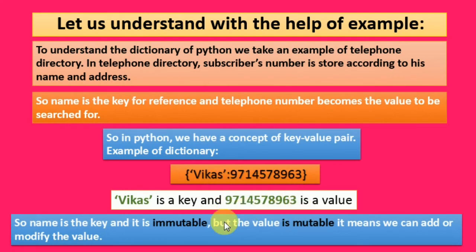It is mutable, means you can make the changes in the phone number, that is a value, but you are not supposed to make the changes in the key. Key remains intact. It is not supposed to change. Now let us show you one example, then how it is going to work.